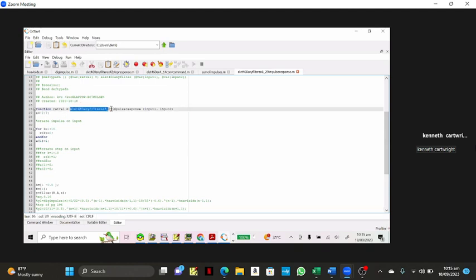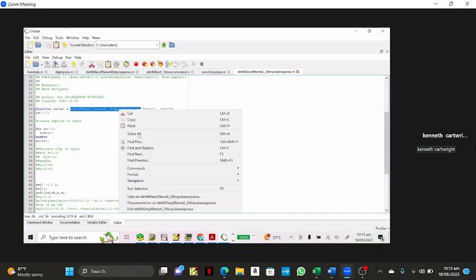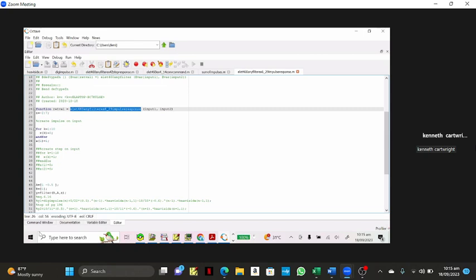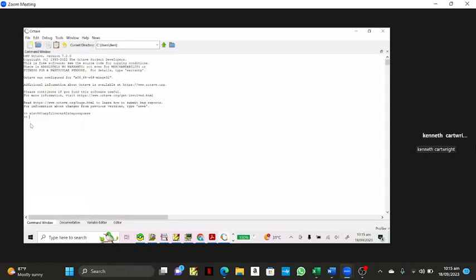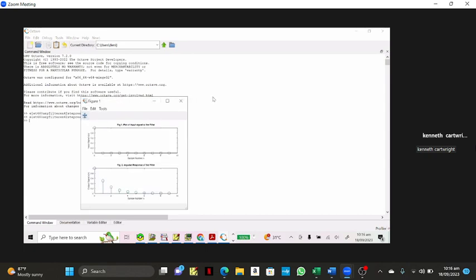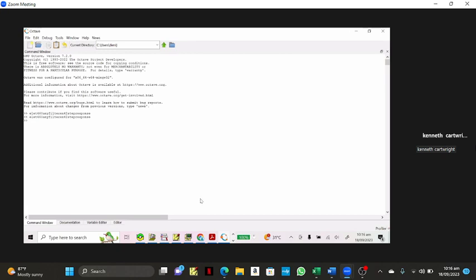I write so many files, I have to keep track of what I'm doing. So I have to tell myself this is for ELT. Okay. And I go to command window. And there it is. There it is.